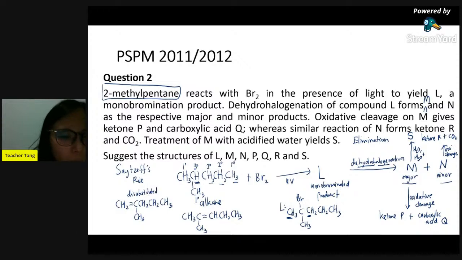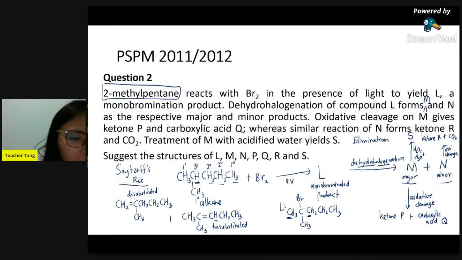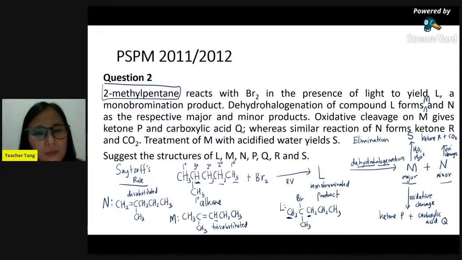For this one, one hydrogen, so this is tri-substituted. So the tri-substituted is more highly substituted according to Saytzeff's rule. The more highly substituted one would be the major product. Therefore, this is your M and this is your N. So we have found our M and N.